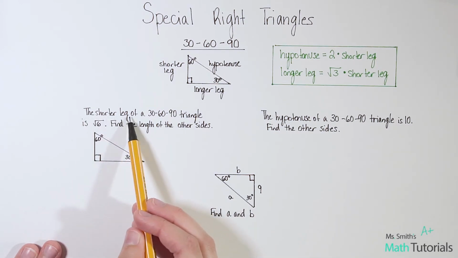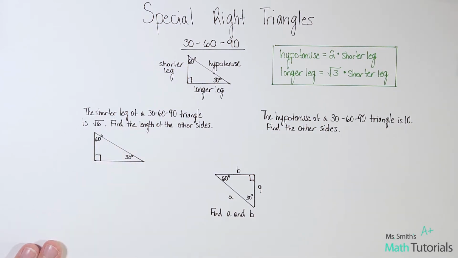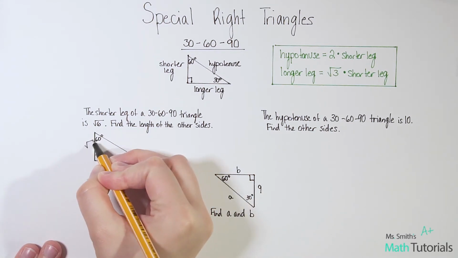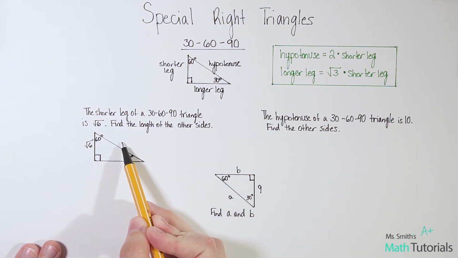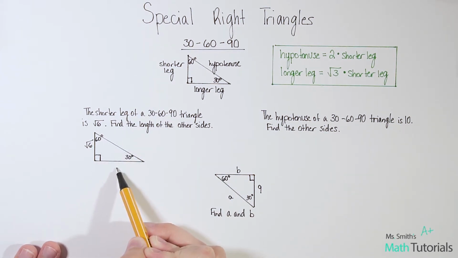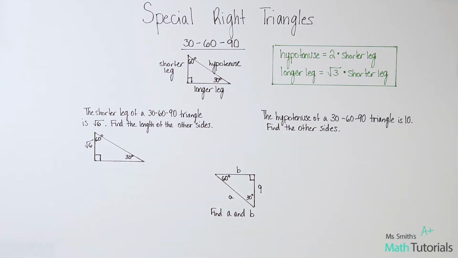So the shorter leg is square root of 6. So we are calling this the shorter leg, and so I'm going to call it square root of 6. So we need to find this side, and we need to find this side. So a lot of times they won't give you a picture to go on. You're going to have to create your own picture. So that's some guidance to help you do that.